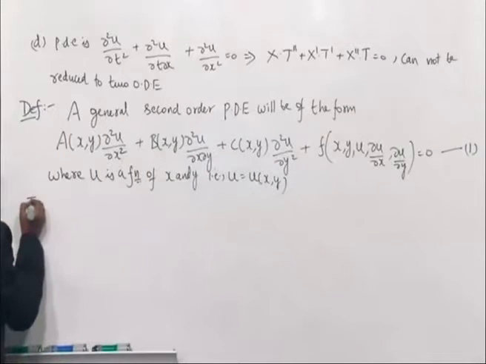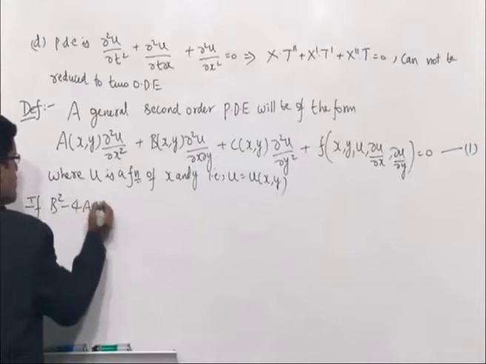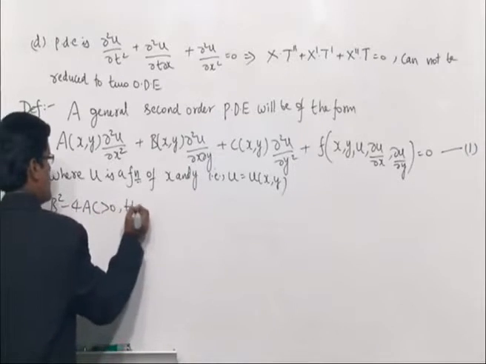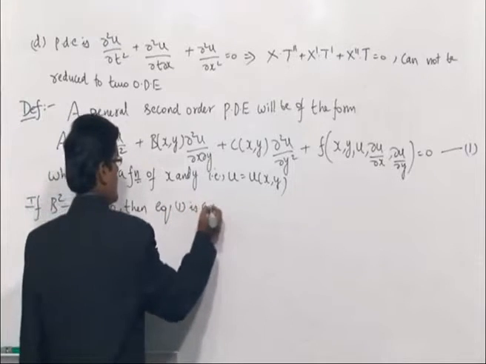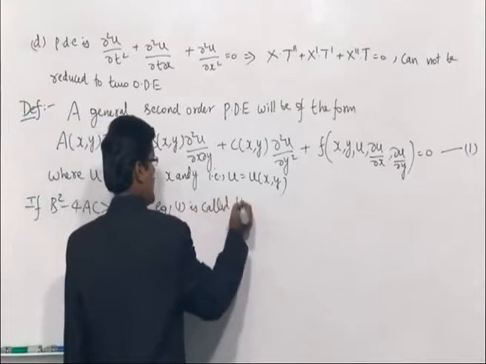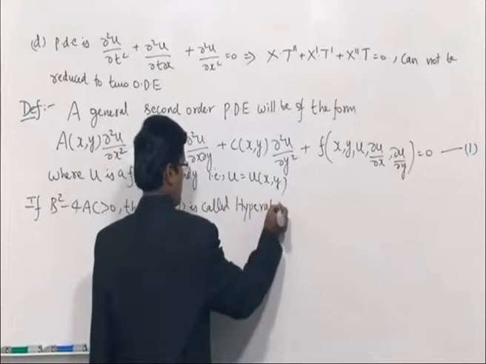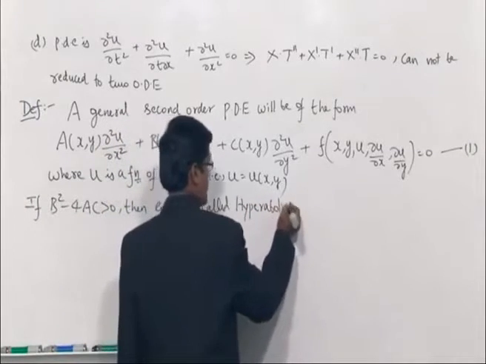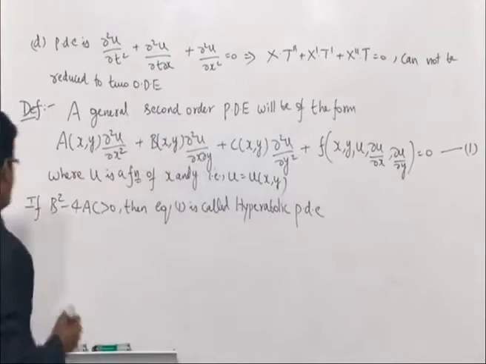If b square minus 4ac greater than 0, then equation 1 is called hyperbolic PDE. Hyperbolic PDE.